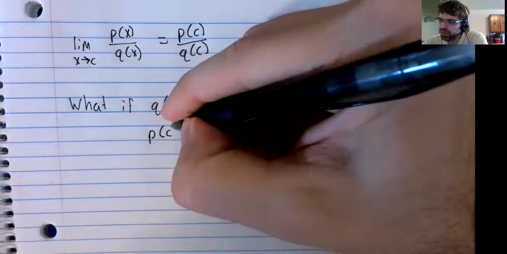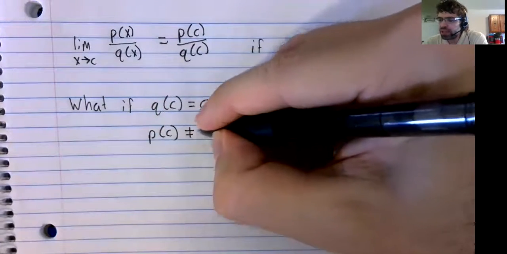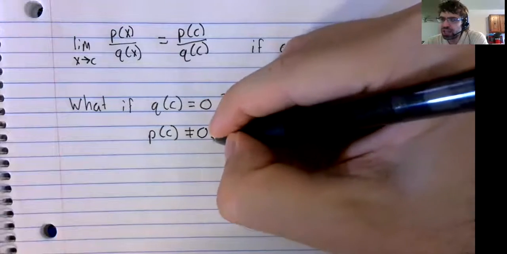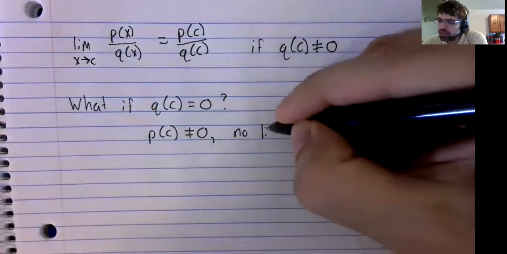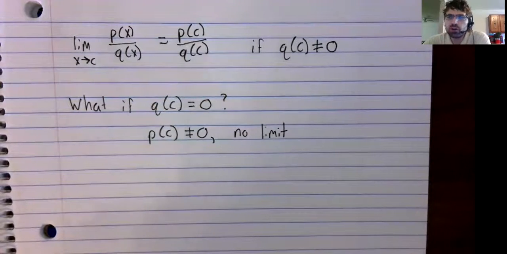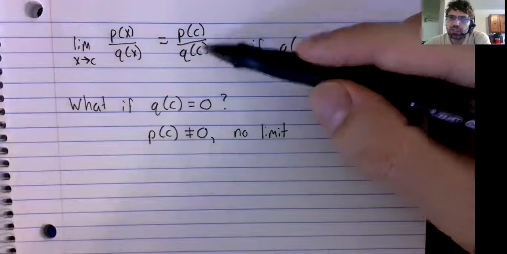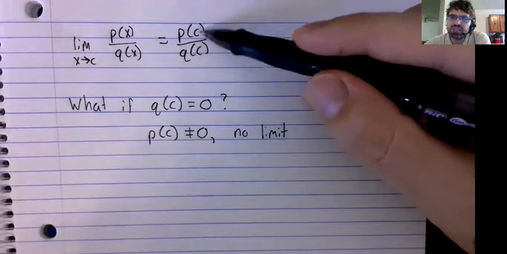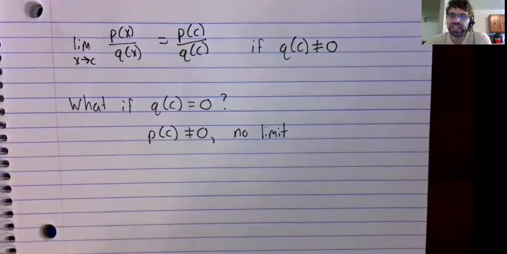If P of C equals anything other than 0, the limit just doesn't exist. For the first of the three possible reasons we gave for non-existence, if the denominator is going to 0 and the numerator isn't, this whole fraction is going to infinity.